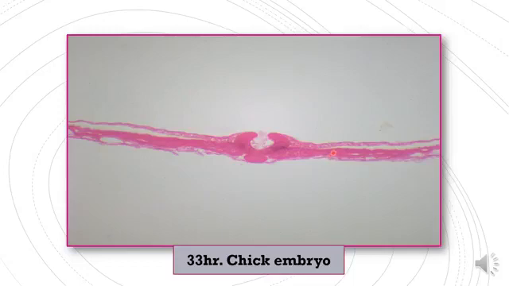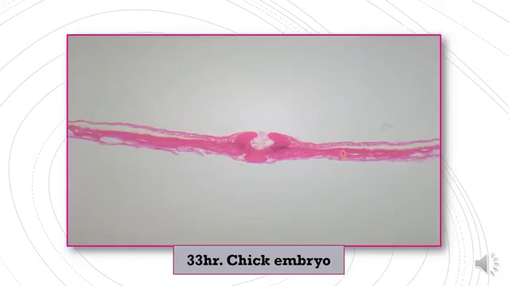And the third part is the lateral plate of the mesoderm, which is divided by a small cavity. This cavity is called the intraembryonic cavity.